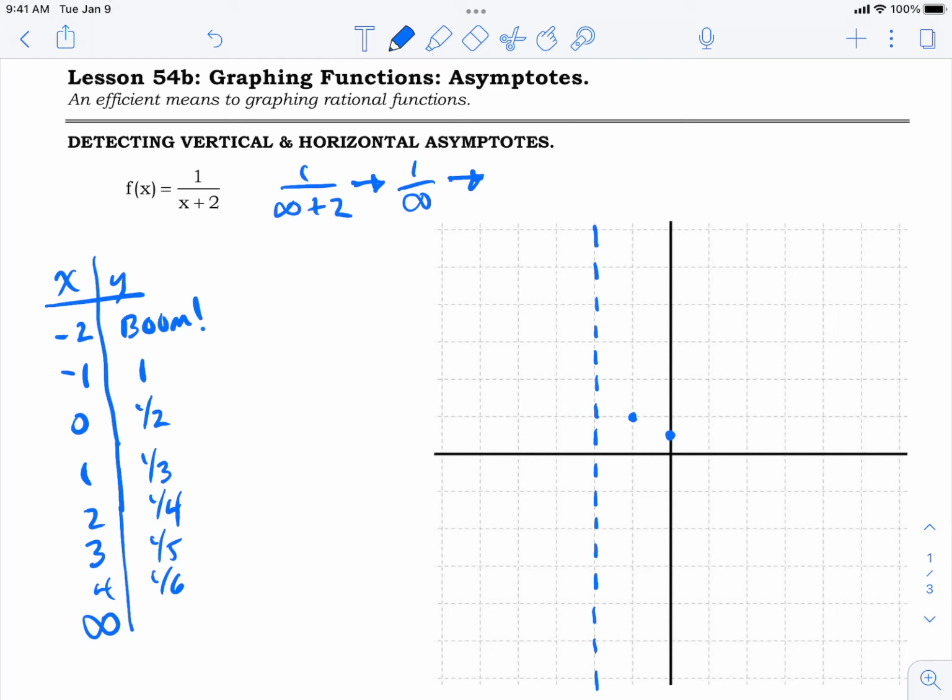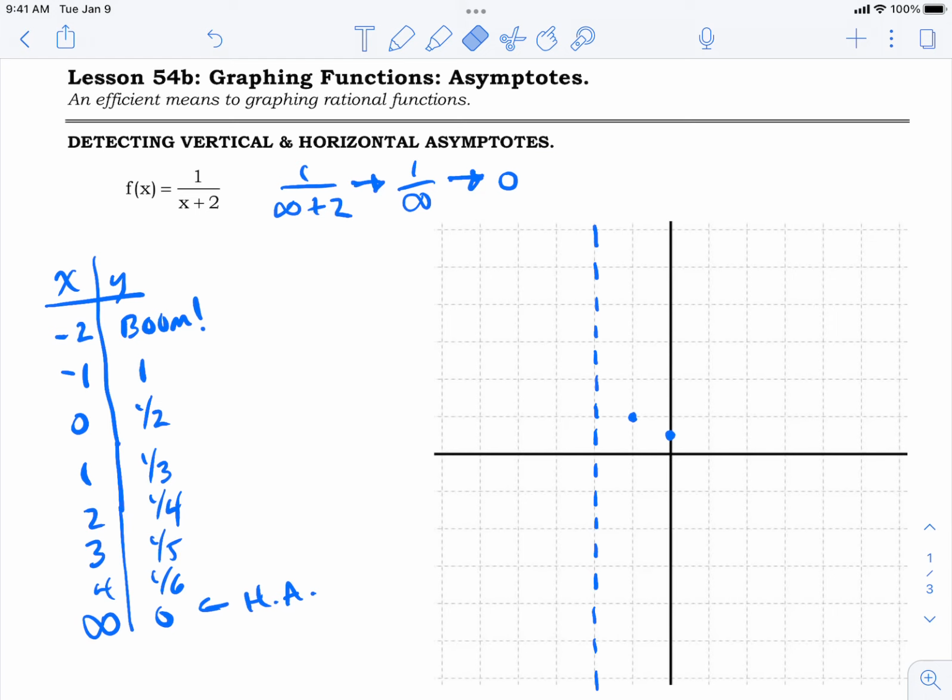It gets closer to. And 1 divided by a really big number, if you try that on your calculator, 1 over 1,000, 1 over 1,000,000, 1 over 1,000,000,000, you're getting 0.000, right? It goes towards 0. So that's what we mean by a horizontal asymptote. Horizontal asymptote, which is spelled up here, asymptote. For some reason I could never get my spell checker to accept the P in asymptote, but I know it's there.